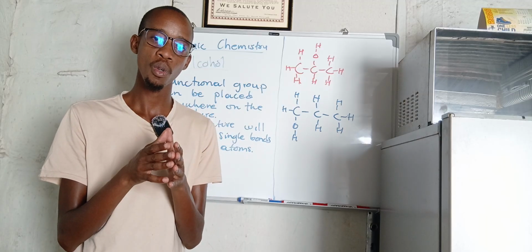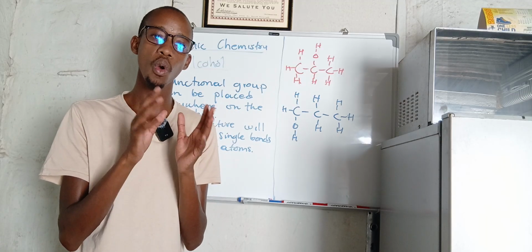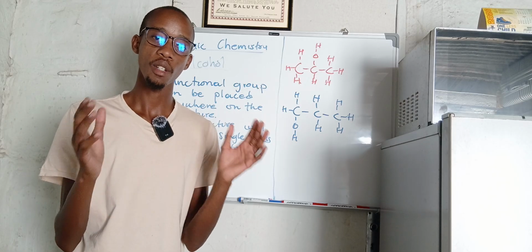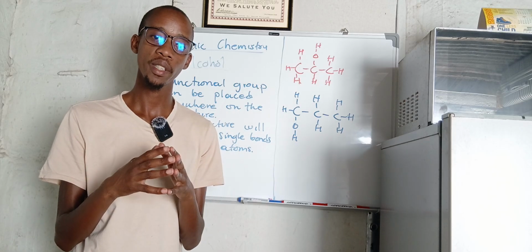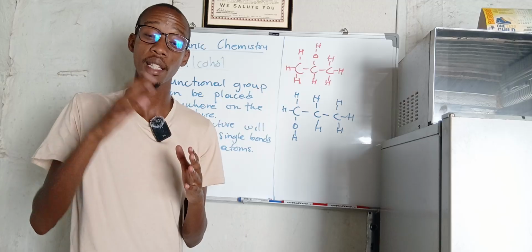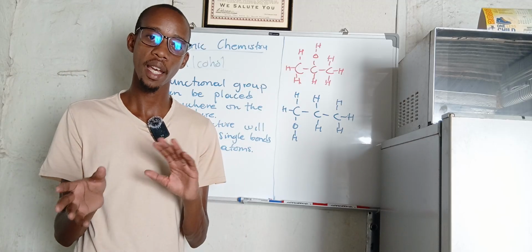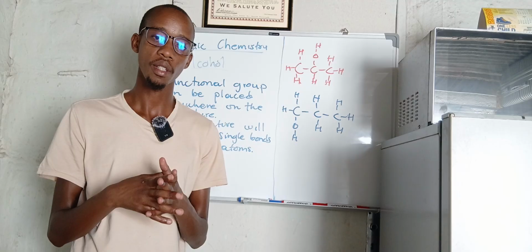The COO functional group for ester is in between carbons, and for carboxylic acid it is outside, meaning it's on the first carbon. That is the difference between ester and carboxylic acid.